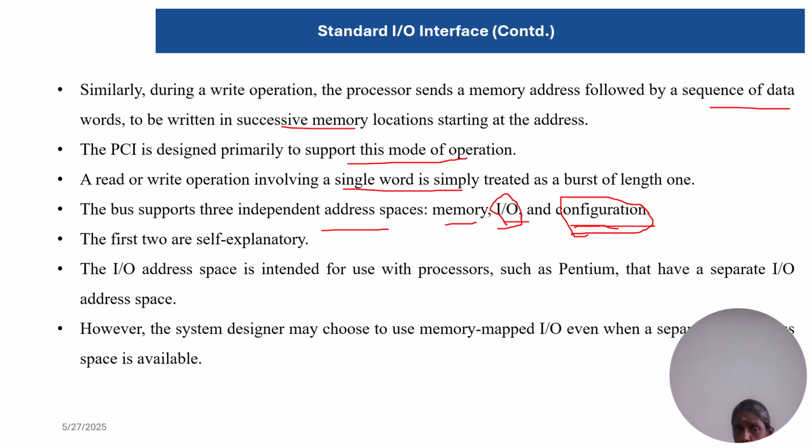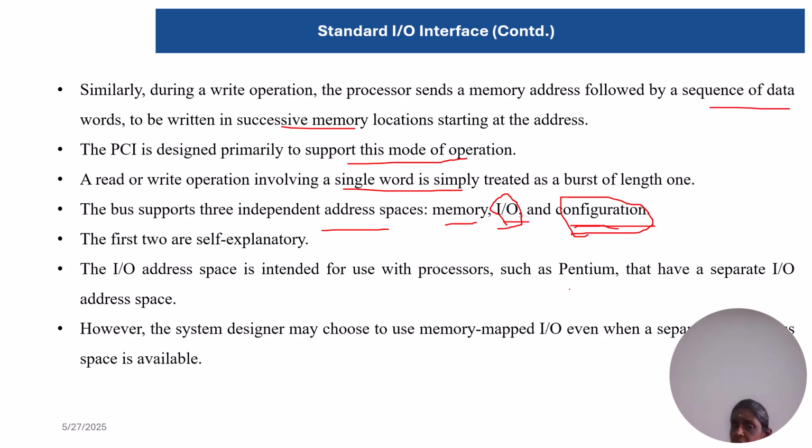The first two are self-explanatory because we know about the main memory and we know about the IO devices. IO address space is intended for use with processors such as Pentium that have separate IO address space.